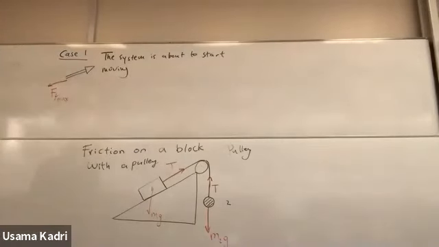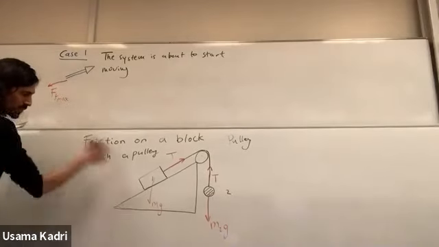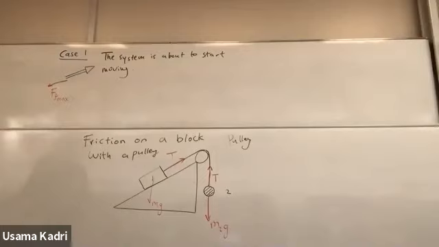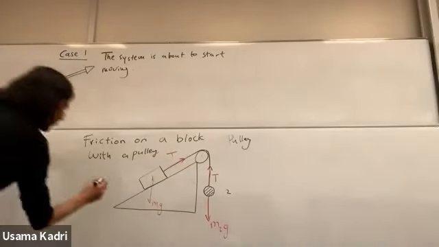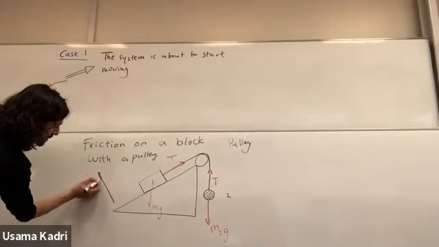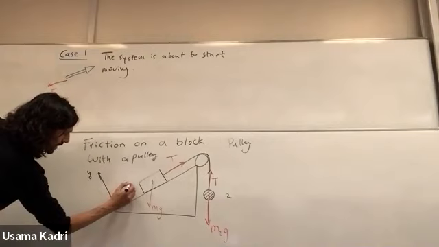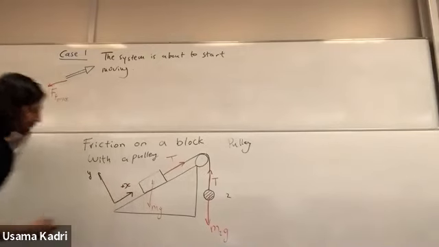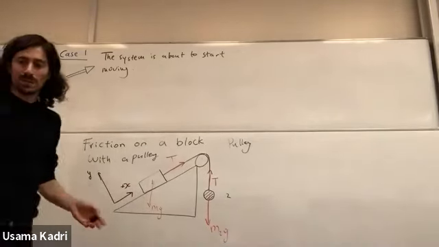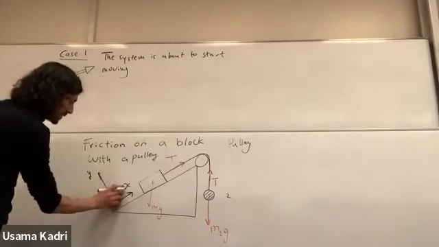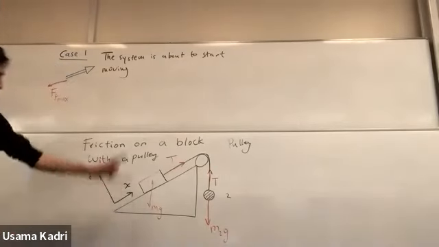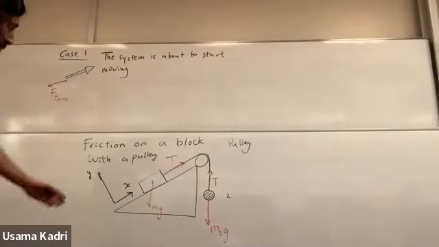We need to choose a coordinate system. Before, we chose x in this direction and y normal to the surface. We always choose y normal to the surface, so I'm going to choose y here, normal to the surface. But now I'm going to choose the positive x in that direction. It doesn't matter as long as you're consistent. It doesn't matter if you choose x in that direction or the other.